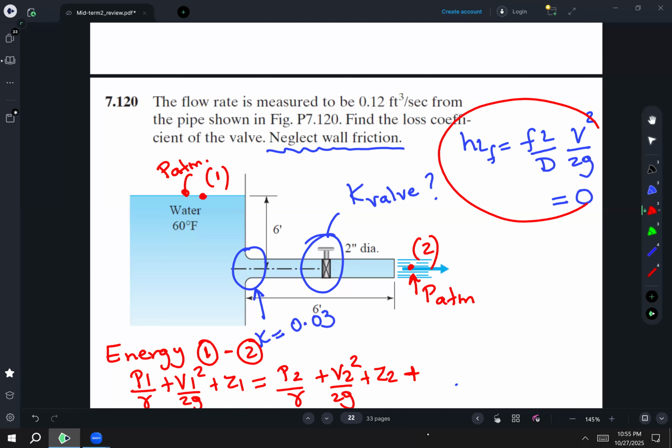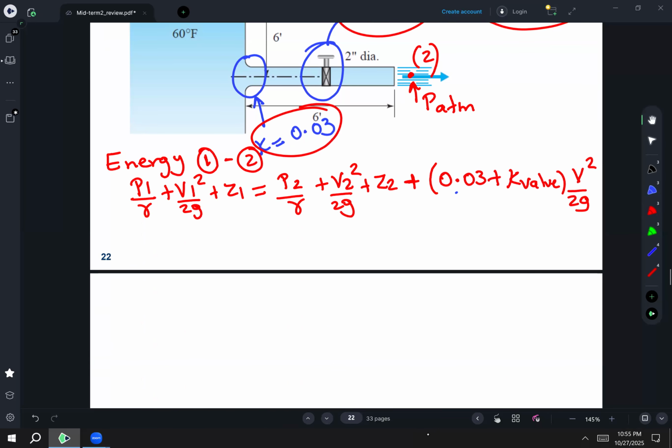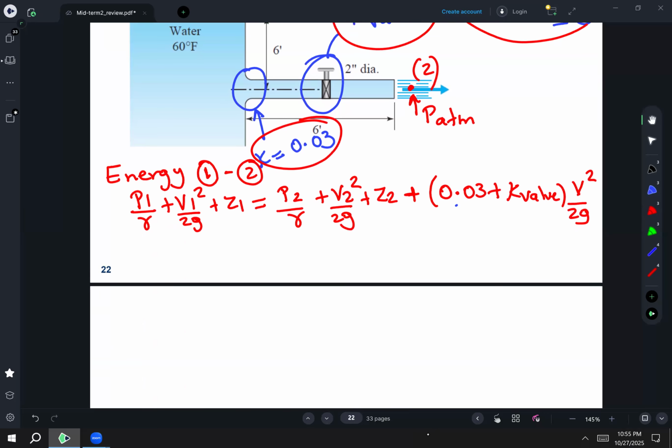So the local losses will be the sum of k's. So the sum of k's will be 0.03 plus the k of the valve, times the velocity in the pipe. Okay, so that's what we are going to have.